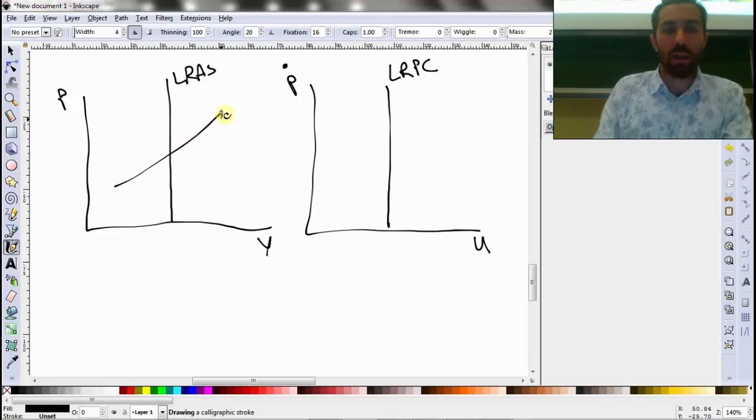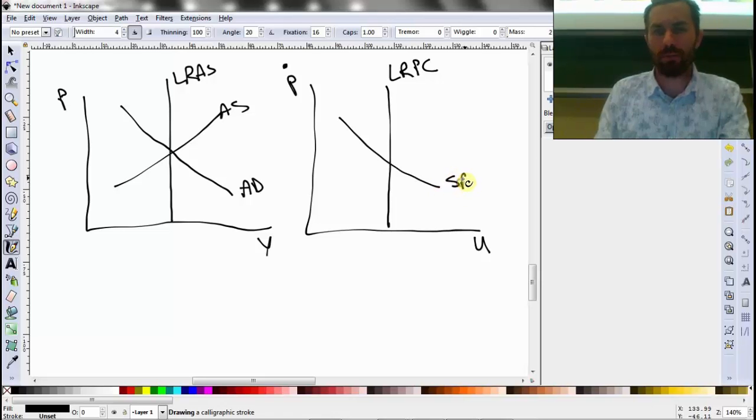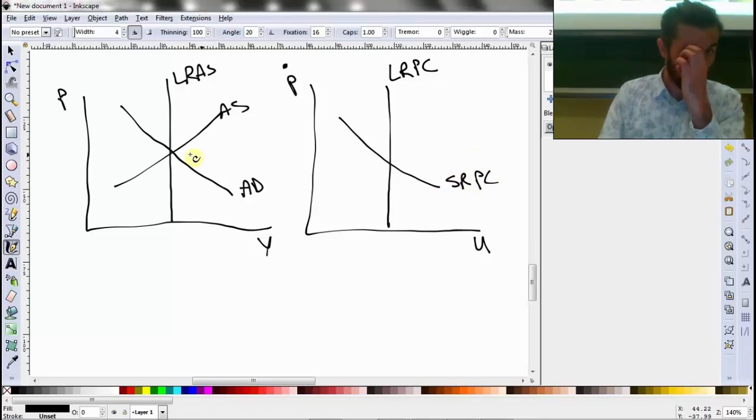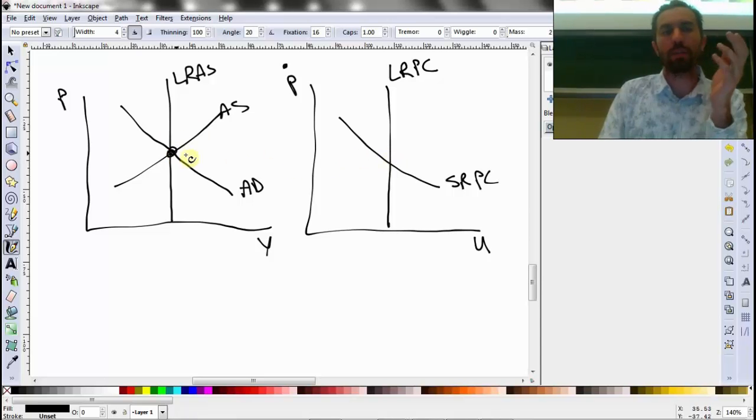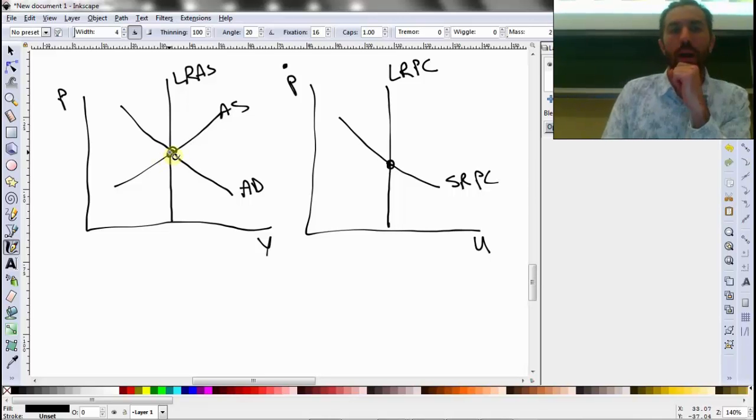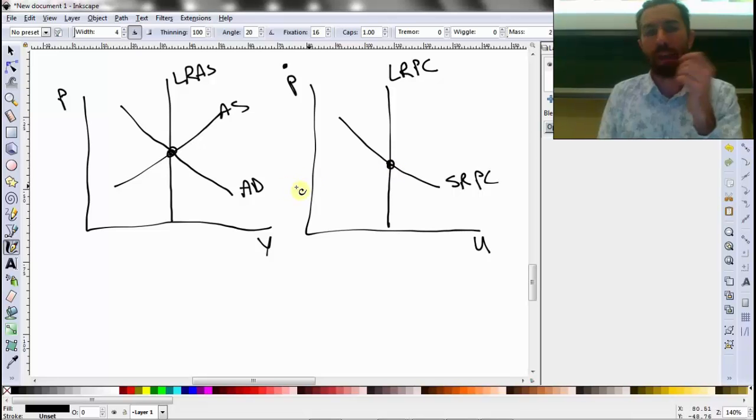We've got a short run aggregate supply curve, and we've got an AD curve. And we've got a short run Phillips curve. Okay, we've got some point of equilibrium, which means that our expectations of inflation match our actual inflation. We're on our long run aggregate supply curve, we're on the long run Phillips curve. It means that our expectations of inflation match actual inflation.